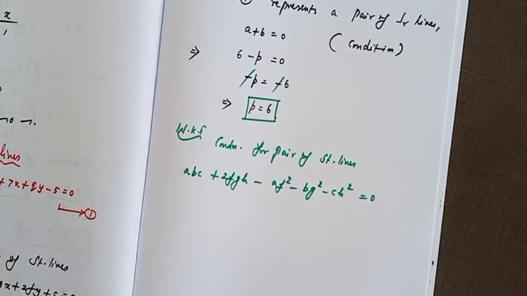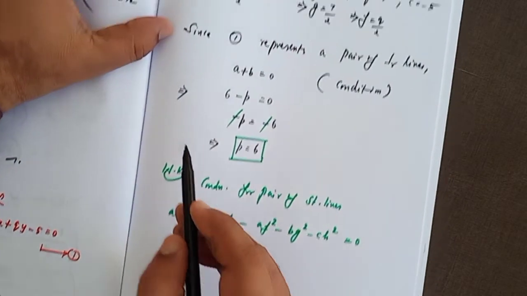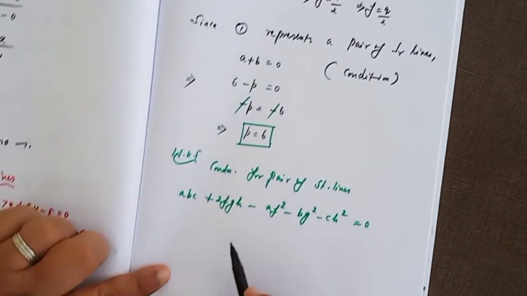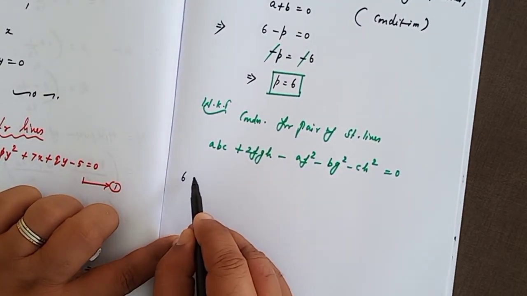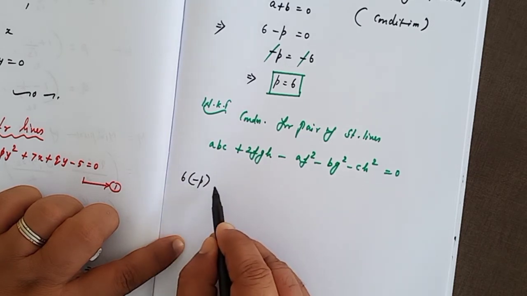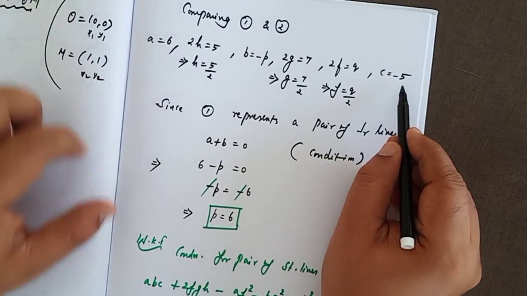Now I have to substitute all the known values. Here a equals 6, b equals minus p, and c equals minus 5.